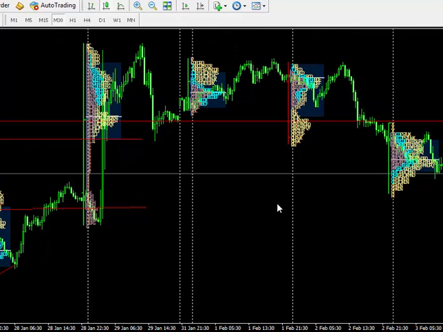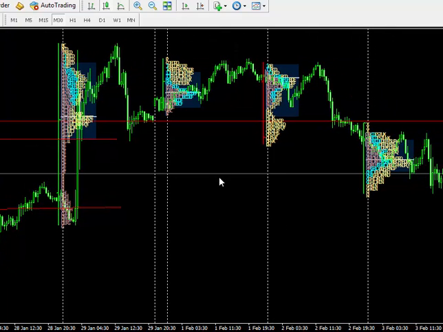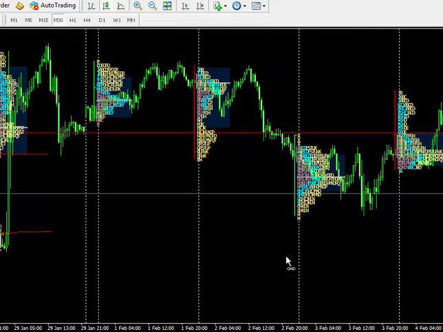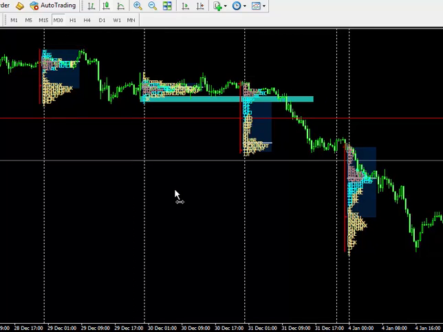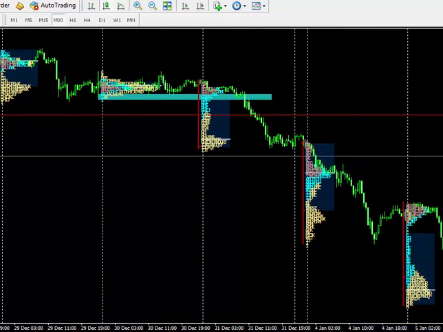We see a large gap here. It's a very large gap, actually. When market breaks out of a balance, we see that value areas don't overlap, like it is shown here. Or overlap is very small.